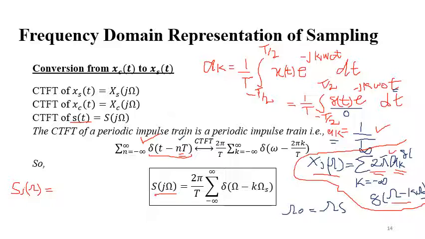So by putting value, we get S(jω) equals the summation, k running from minus infinity. Let me write quickly. I hope you understand, X(jω) is now your S(jω), because your signal is not x(t).